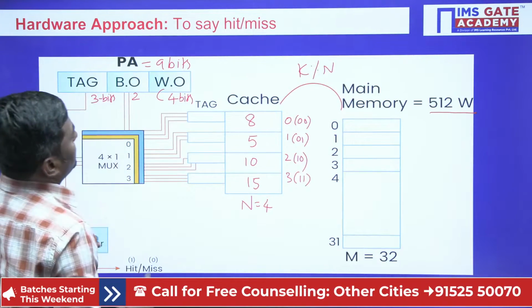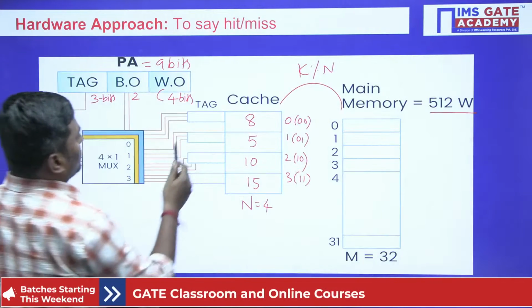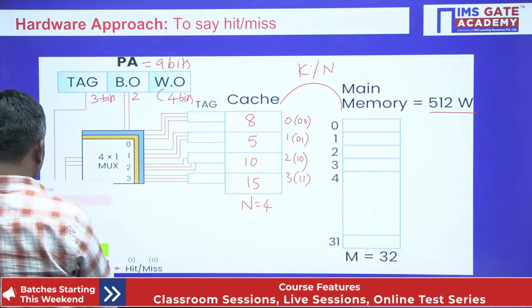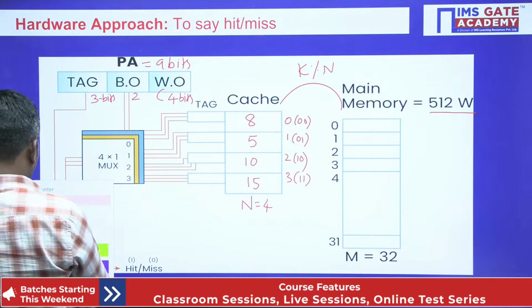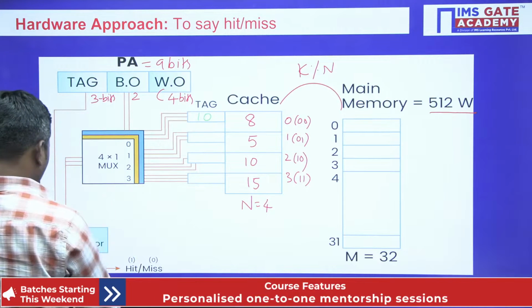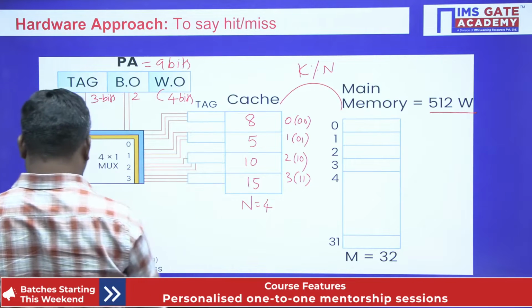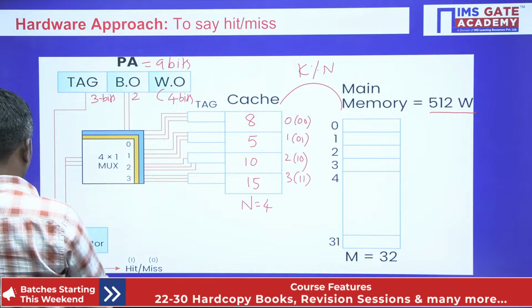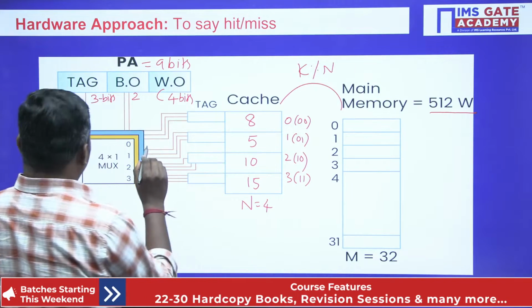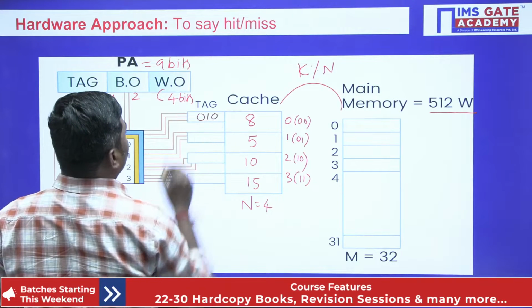Now, the 3 bits I mentioned. Look here, block 8 is at position 0, 1, 2, so 2. How to write 2? It is 0, 1, 0.